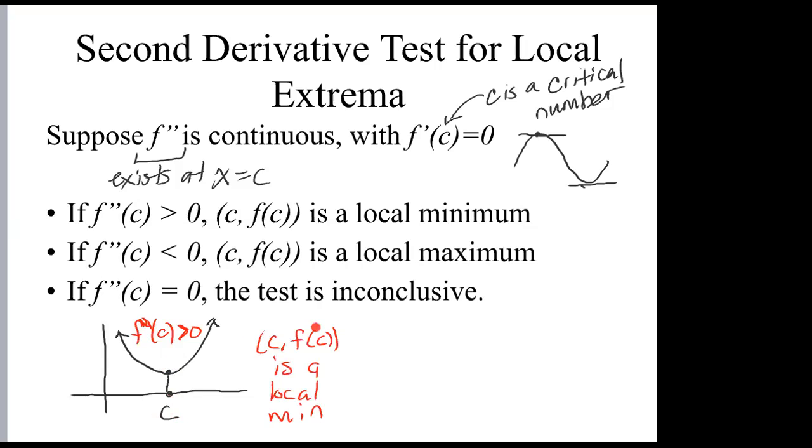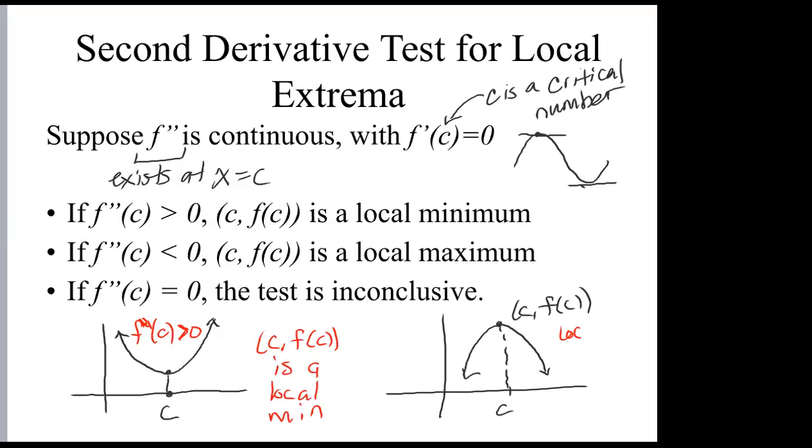I could say something very similar for the other case. Let me use black. This is my graph. This is my point c. And c happens to be a local maximum. So this is the point c, f of c. I can see that c, f of c is a local maximum.